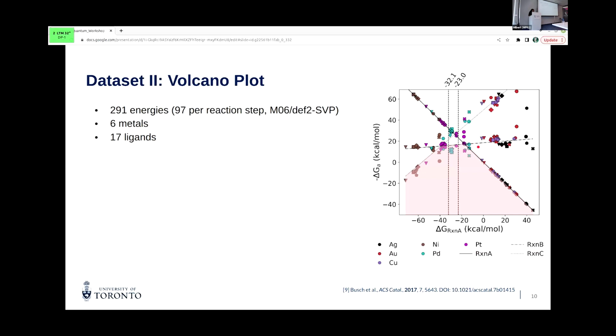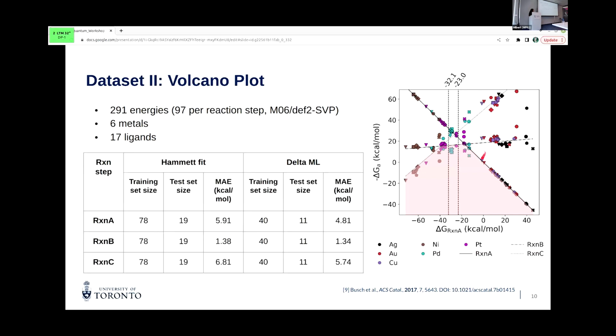And these are the results. So the MAE is maximum 6.81 kcal per mole after Hammett fit, and it reduces to a maximum of 5.74 kcal per mole after delta machine learning, which is very impressive given that we only have 40 points in the training.